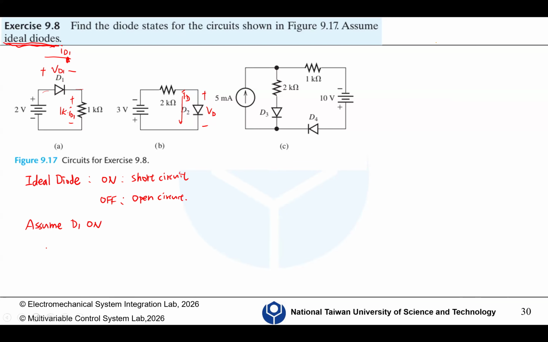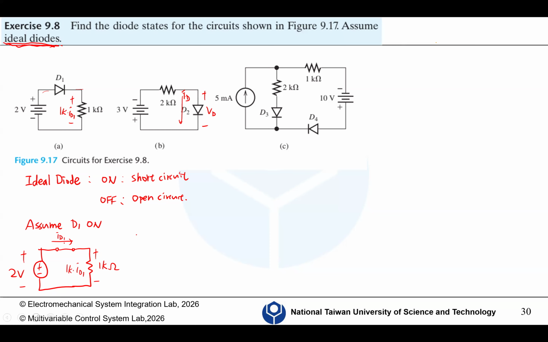So we need to redraw this. I use a very primitive solution. We assume this is short, and this is the positive and negative of the 1K ohm resistor with current ID1, and the voltage here is 1K times ID1.